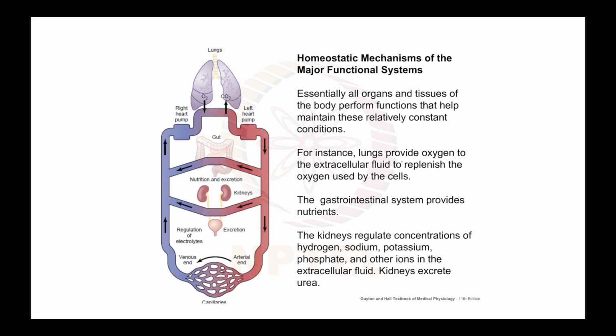For instance, the lungs provide oxygen to the extracellular fluid to replenish the oxygen used by the cells. Similarly, the gastrointestinal system provides nutrients. The kidneys regulate the concentration of hydrogen, sodium, potassium, phosphate, and other ions in the extracellular fluid, and extra urea is excreted from the kidneys.